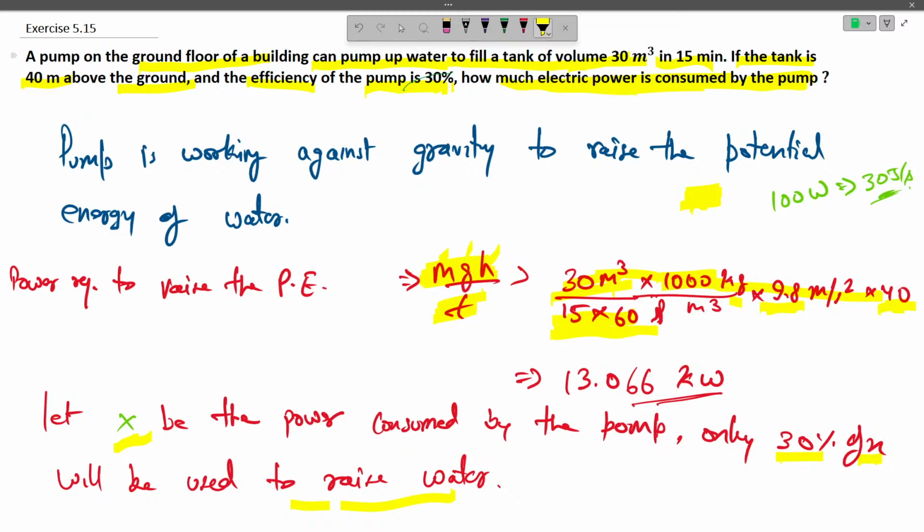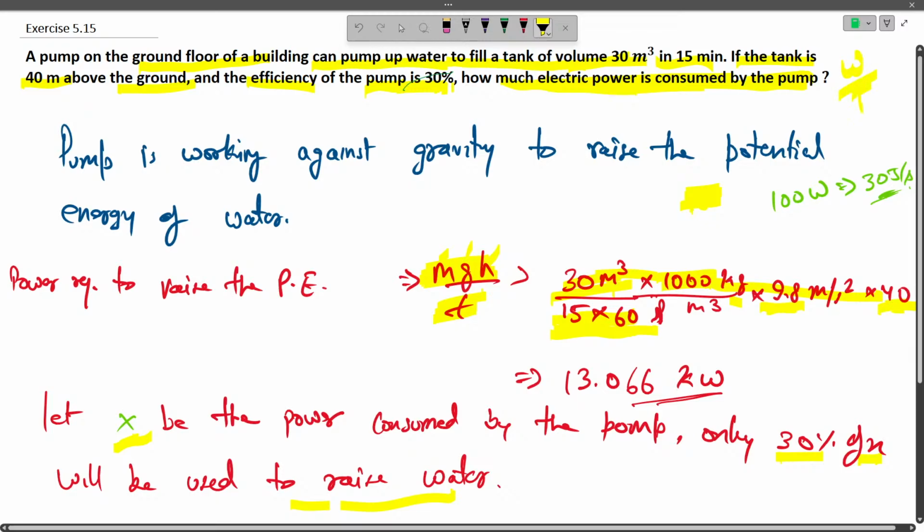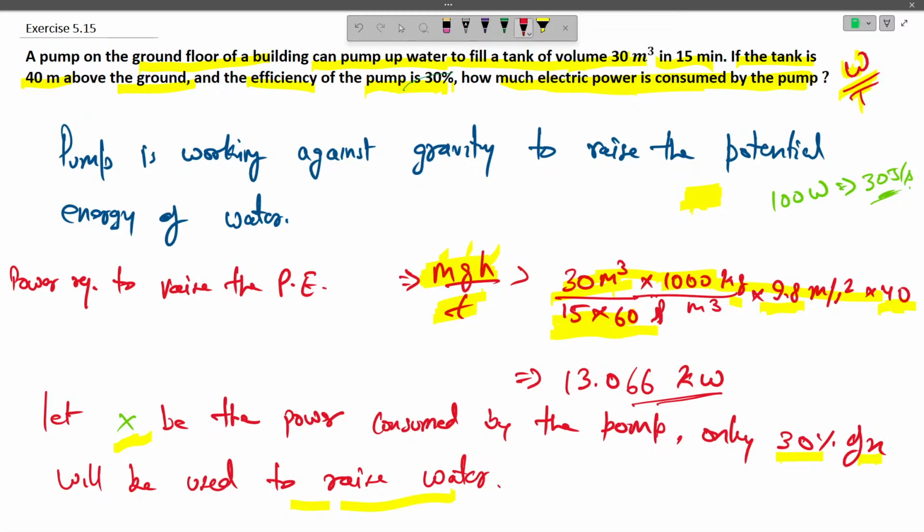So we know that power is the rate of delivery of work, that is work done per unit time. So here we have to find out work done, and we have been given the time, that is 15 minutes. So in 15 minutes we have to lift 30 meter cube of water to 40 meter height.